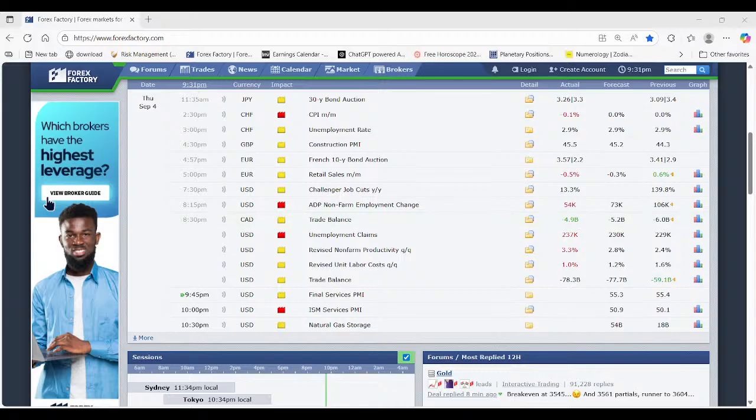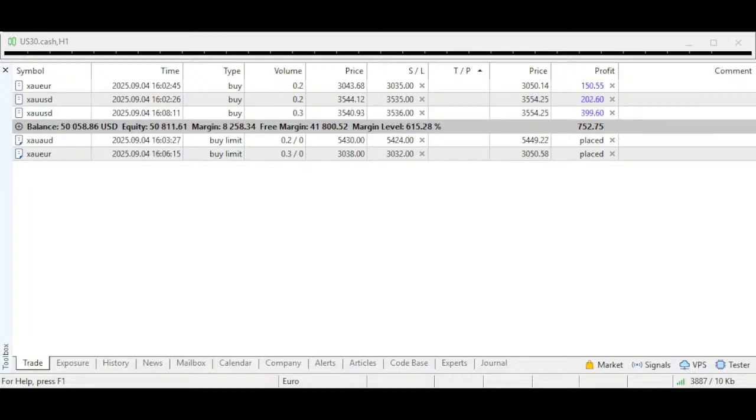So now let's move on to our trades. We had a couple of trades open. We are long gold against US dollar and long gold against euro. Sorry, two trades: gold against US dollar and gold against euro.